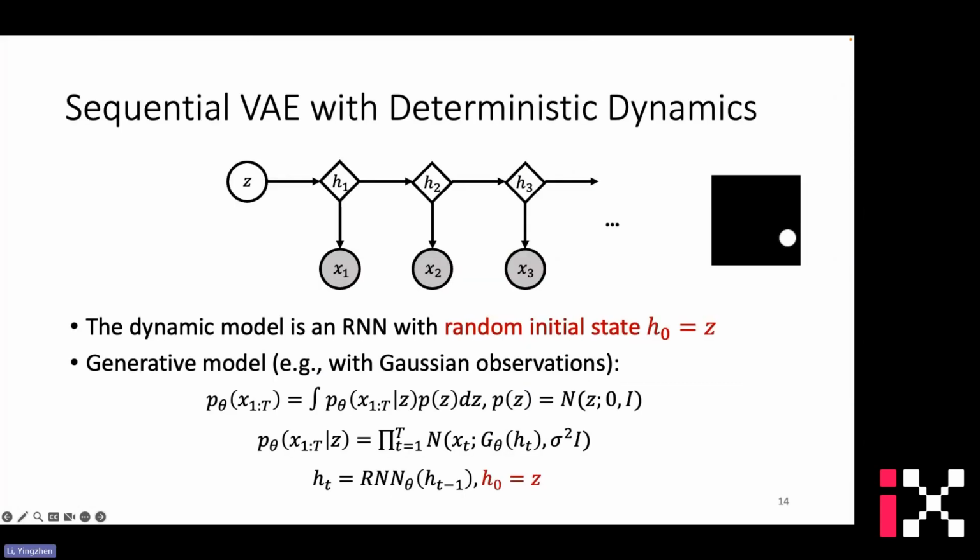Here I'm visualizing one particular design, which utilizes a recurrent neural network with a random initial state, H0 equals Z. So why would you be interested in these kinds of models at all?